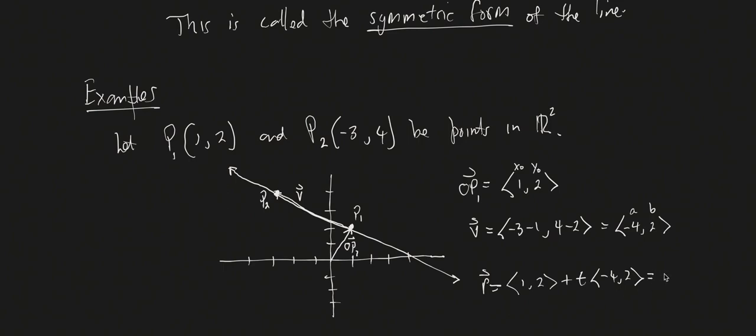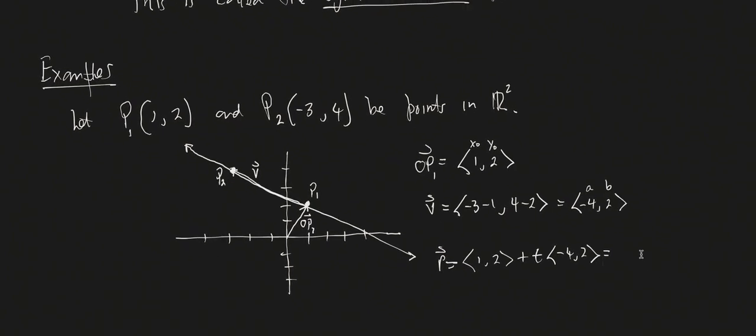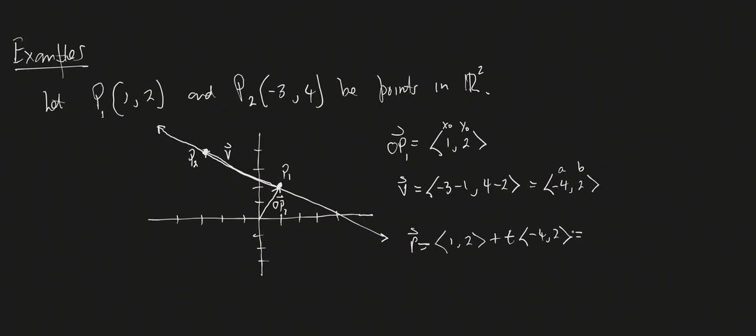So adding these together, we have (1, 2) plus (-4t, 2t). So here is the vector equation of the line: (1 minus 4t, 2 plus 2t). So here is the vector form. So this is my vector form of the line.